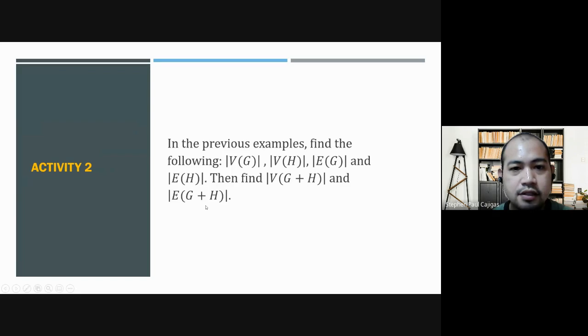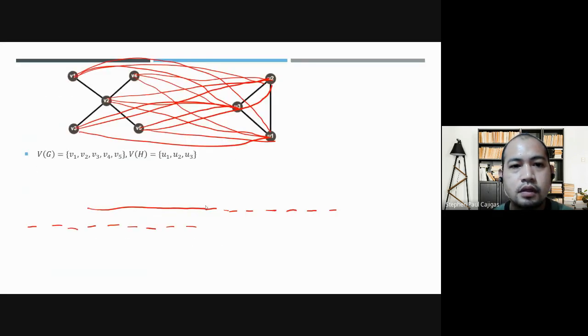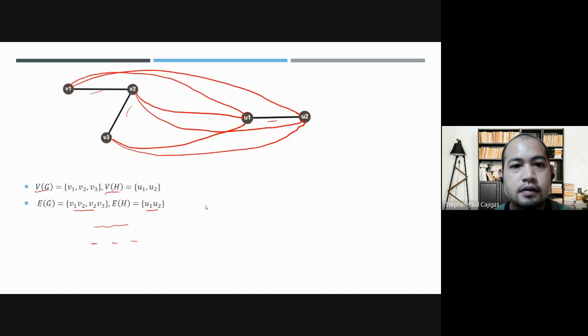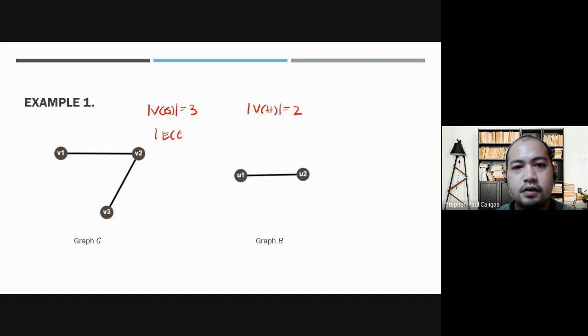Or let's go back to the first example. Okay, so example 1. The order of the vertex set of G is 3 and the order of the vertex set of H is 2. The edge set of G is 2 while the edge set of H is 1.